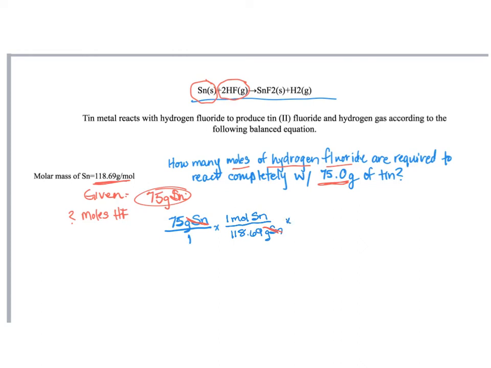So now we need to get to moles of hydrogen fluoride, right? So now you need to use our mole to mole ratio. So we have 1 mole of tin to 2 moles of hydrogen fluoride. And our answer needs to be in moles of hydrogen fluoride. So let's do moles of hydrogen fluoride up here. Sorry, moles. Let me erase that real quick.